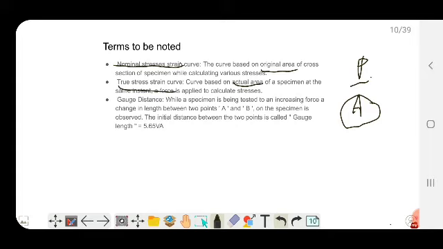And gauge length. While a specimen is being tested under an increasing force, a change in length between two points A and B on the specimen is observed. The initial distance between the two points is called the gauge length, and it is given by 5.65 times root A, where A is the area of cross section of the test specimen.